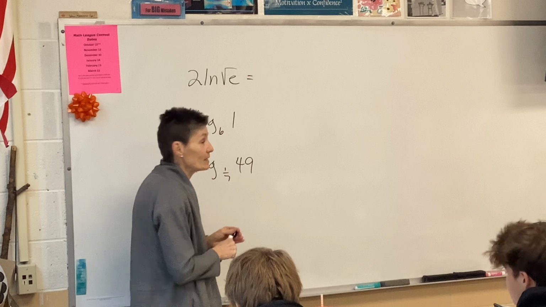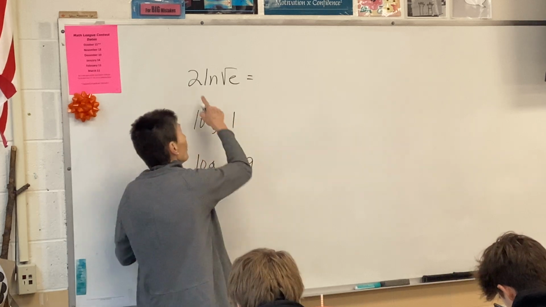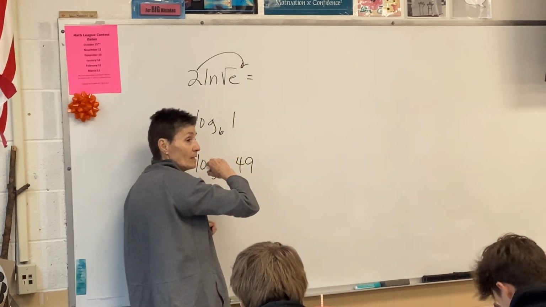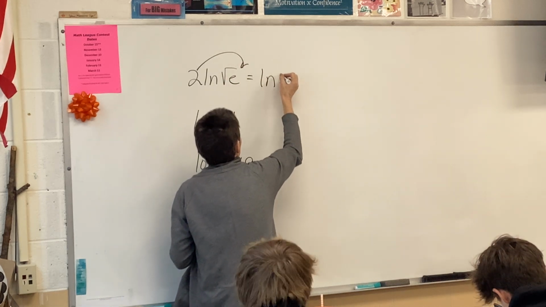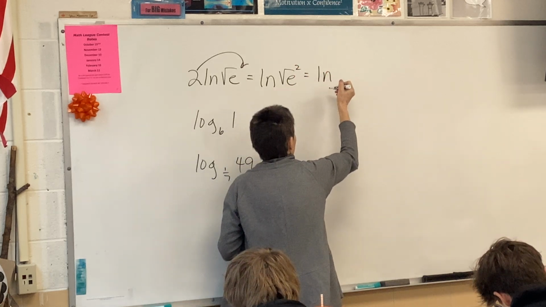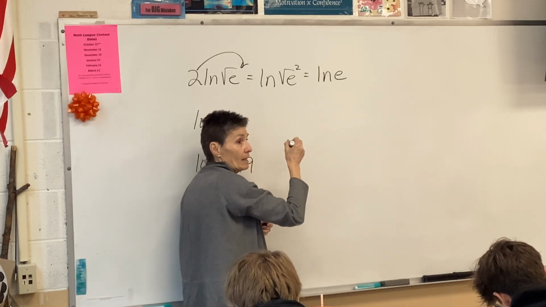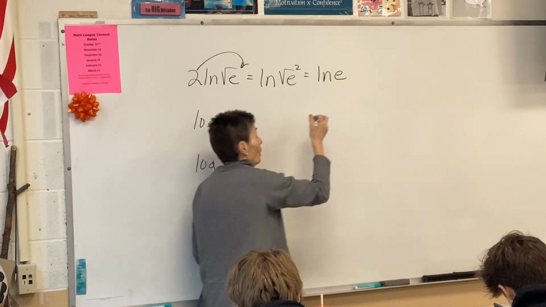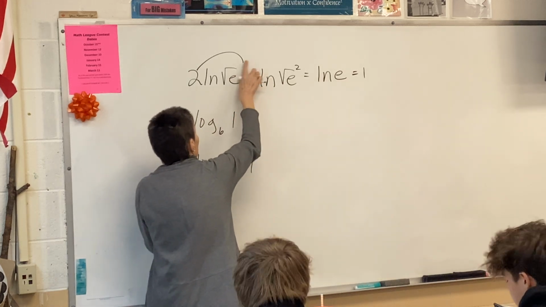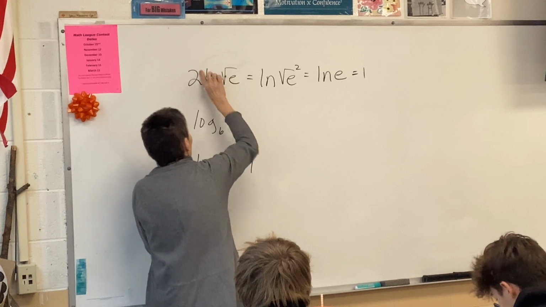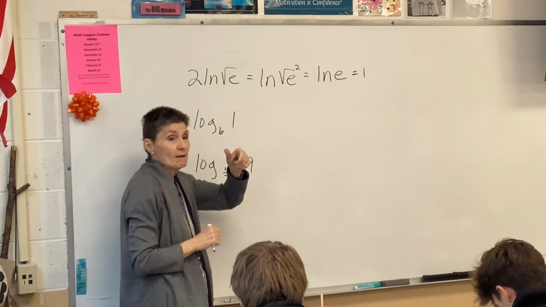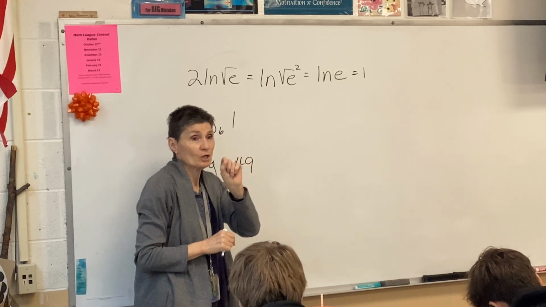So if you have a coefficient out in front, that becomes an exponent. And so this is ln root e squared, and of course root e squared is e, and ln e is 1. Now I want to talk about this for a quick minute because you have been programmed, I hope, to cancel ln and e when you have an ln and an e, but they have to be actually touching each other.